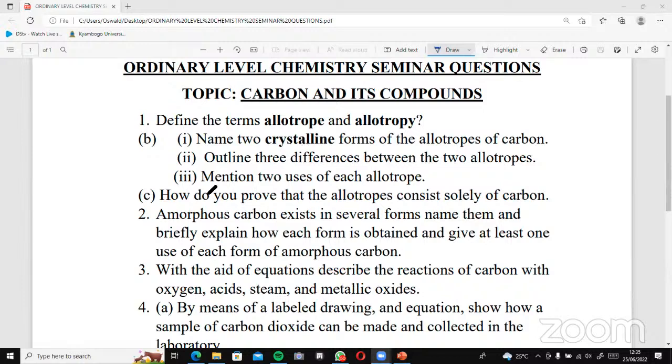Name two crystalline forms of allotropes of carbon. What did we say? We said there are two, namely... John, I see your microphone is open. Do you want to give us an answer?